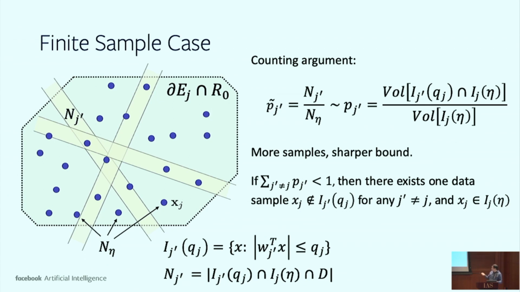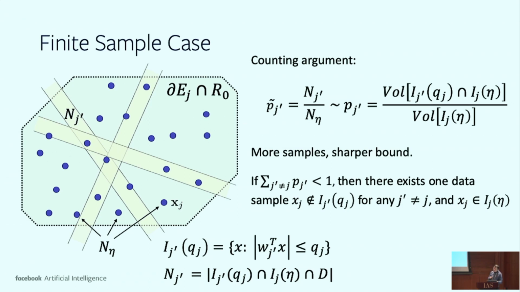Within that region, you're going to have this counting argument. This counting argument says that you have finite samples within this partial EJ, within eta of this region, and each of these subregions also covers a small portion of the volume space.